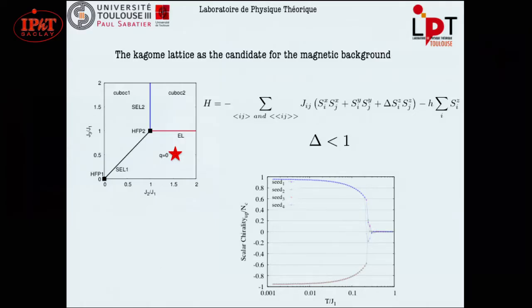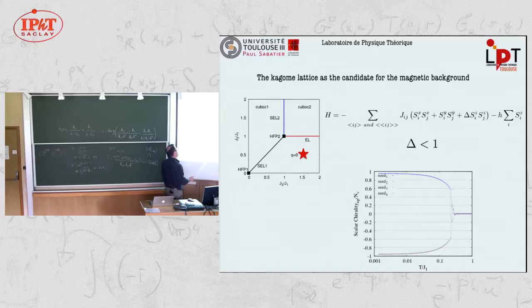So this is an example from a Monte Carlo done by Flavia, in which this is a cooling experiment in which you monitor the scalar chirality as a function of temperature for a given choice of the parameters, which I don't know exactly what they are, but it doesn't matter.